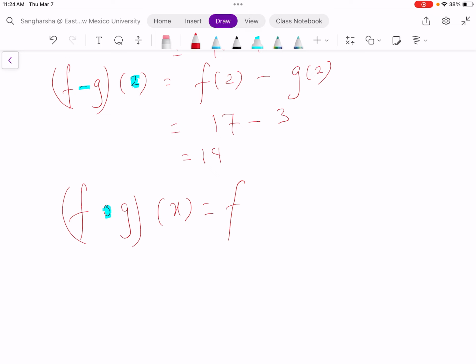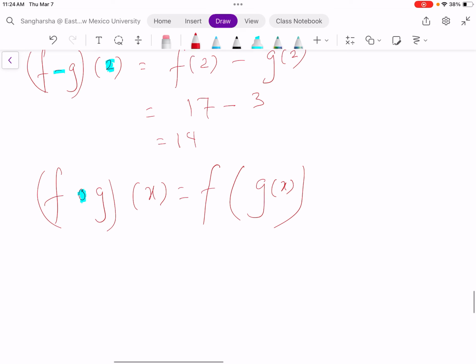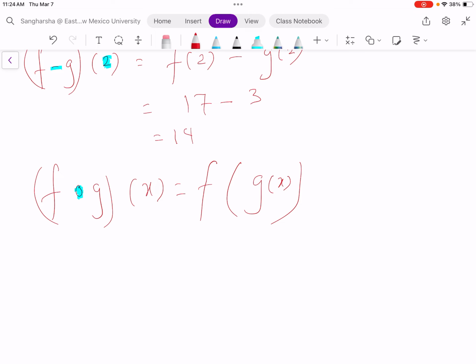So you have f as it is. For composite, you have parentheses g of x. So this is the definition. Do not flip the position of the functions. If you flip, you're going to get a different answer. So only replace your composite by parentheses and make sure you have the same position of the functions.